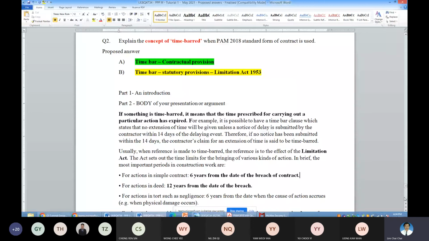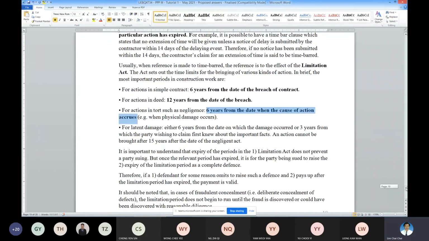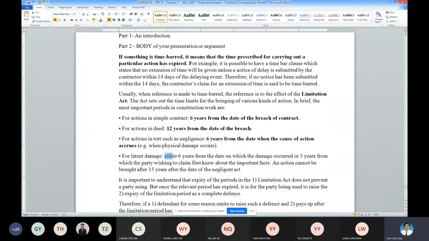For action in tort and negligence, it is 6 years from the action commencing. Similarly, for latent damages, it is either 6 years or 3 years depending on the drafting. So this is for your contract.